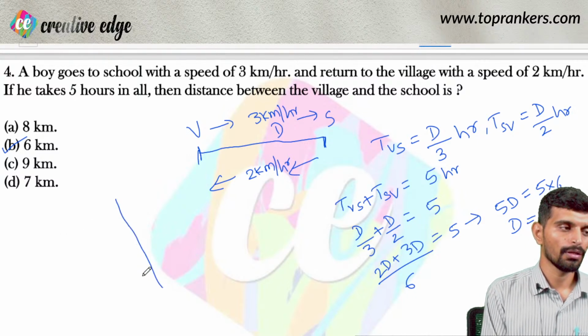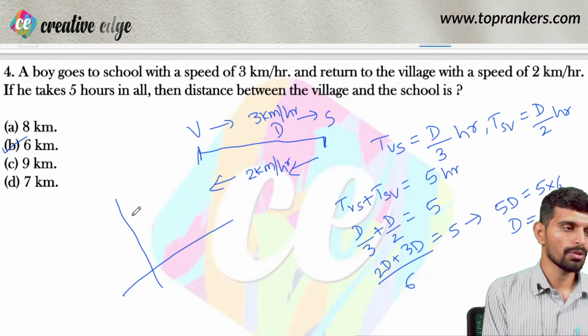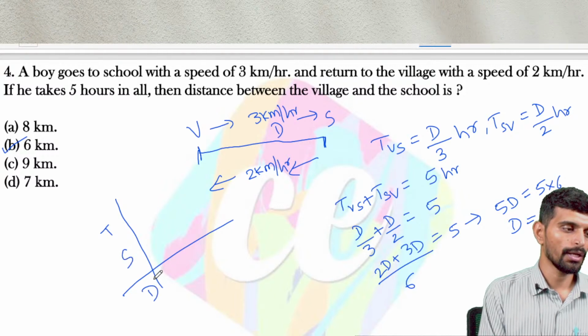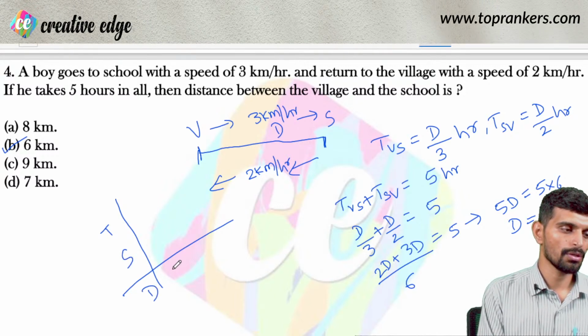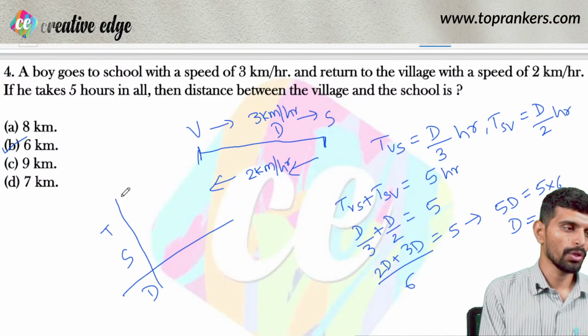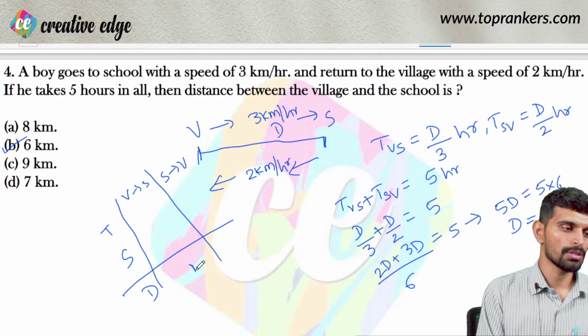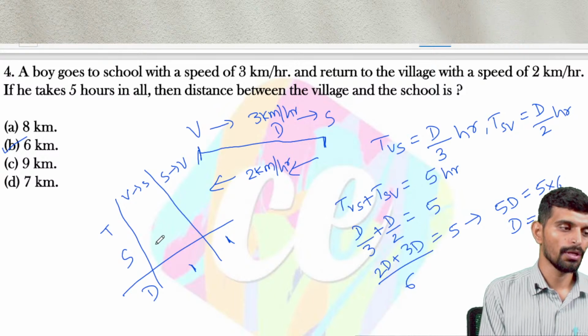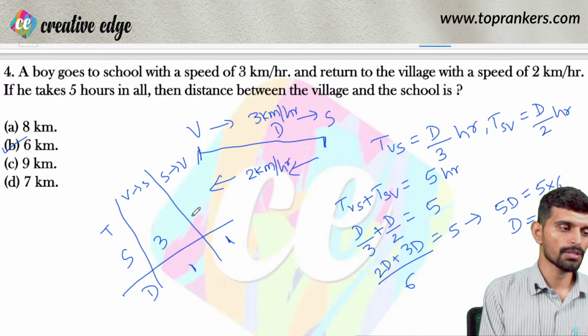Alternatively, we can also try this one. In time, speed and distance, this distance is constant when the boy goes from village to school and school to village. So this ratio of distances is 1:1, and speed is given as 3:2.